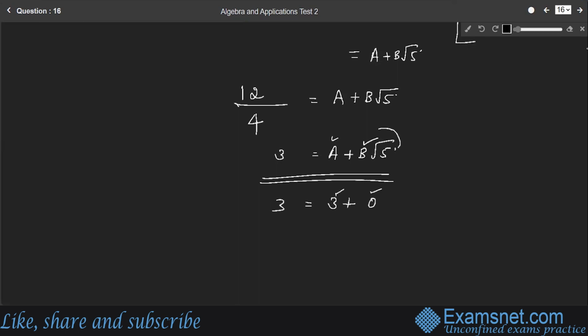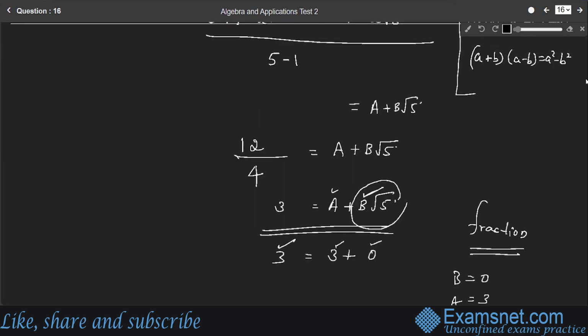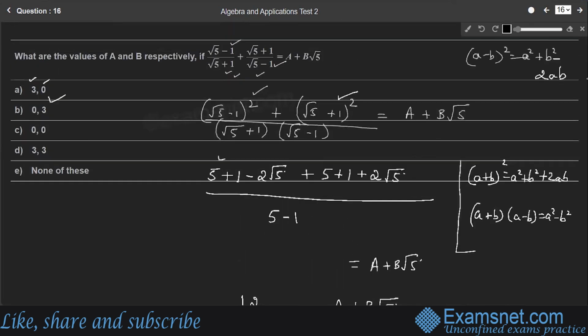Just avoid the second term, which is b root 5, since root 5 is not a whole number. A fraction into a number, it may be 3 or any number other than 0, you will get a fraction, so this will not be equal to 3. Therefore, the value of b becomes 0 and a is equal to 3, right? Therefore, option A is the right answer.